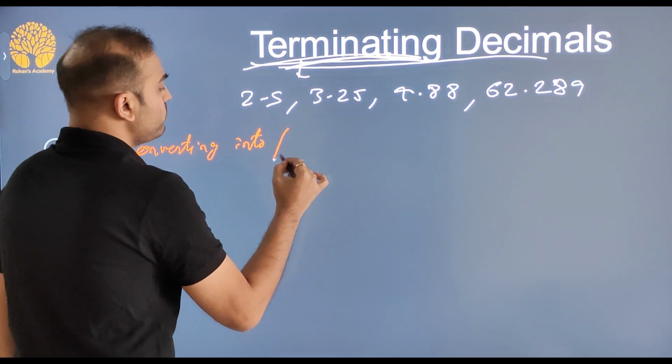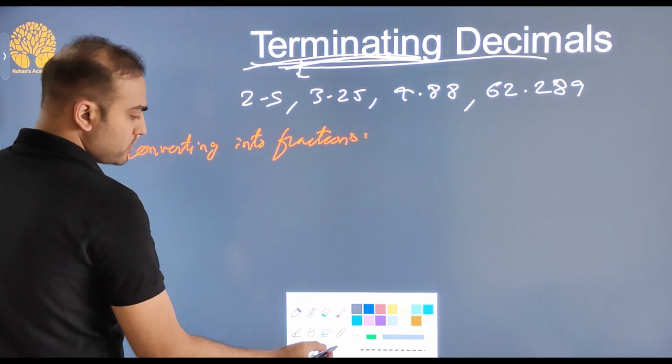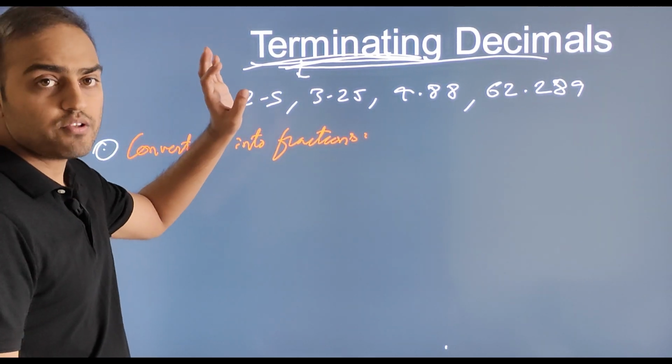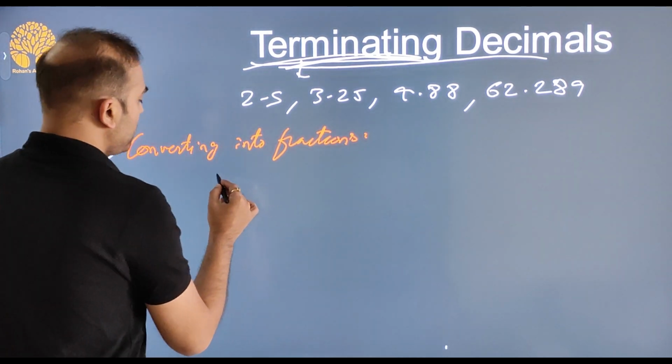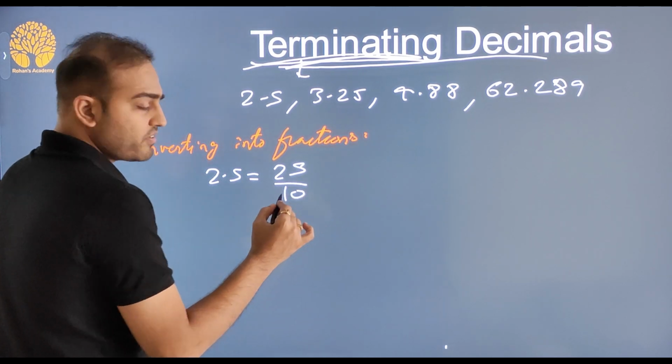Now one important point, that is, how do we convert these into fractions, right? Converting into fractions. The simplest way to convert terminating decimals into fractions is, you remove the decimal and you divide by that many tenths. For example, if you have 2.5, that becomes 25 over 10.